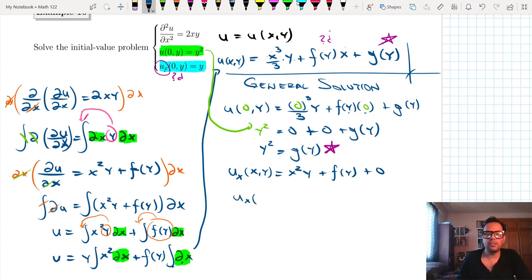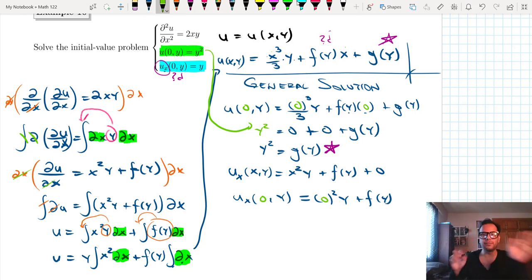Now we are going to use the second condition, u subscript x evaluated at (0, y). That is, wherever you see the letter x, replace it with a 0; y remains the same. And that's how we are going to get the second part of the constant. So u subscript x of (0, y), what is that? Do you see it's this y right here that I'm highlighting again?